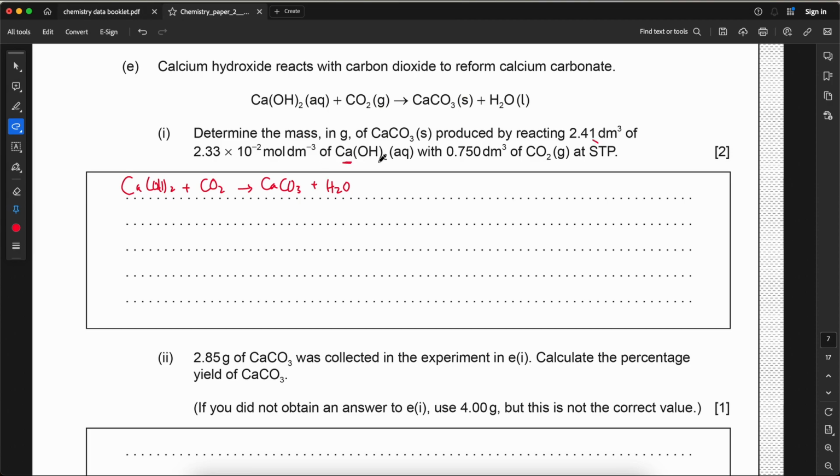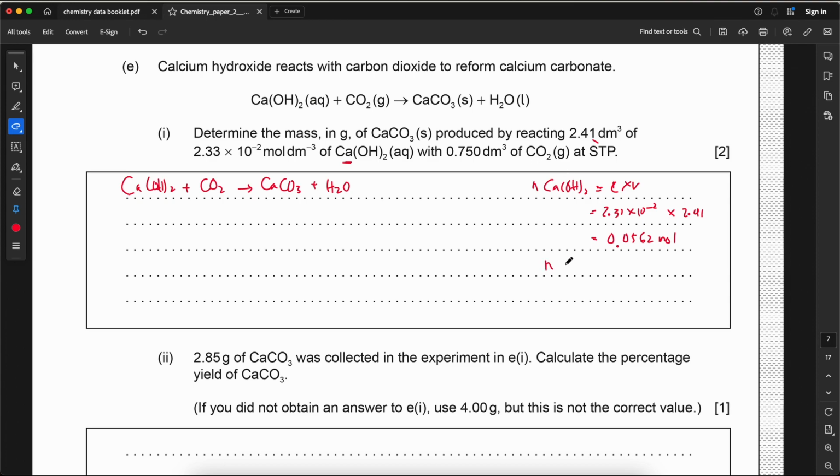Volume and concentration are known, so we can calculate the moles of Ca(OH)2: C times V, which is 2.33 × 10^-2 times 2.41, giving 0.0562 mole. Okay, with 0.75 dm³ of CO2.